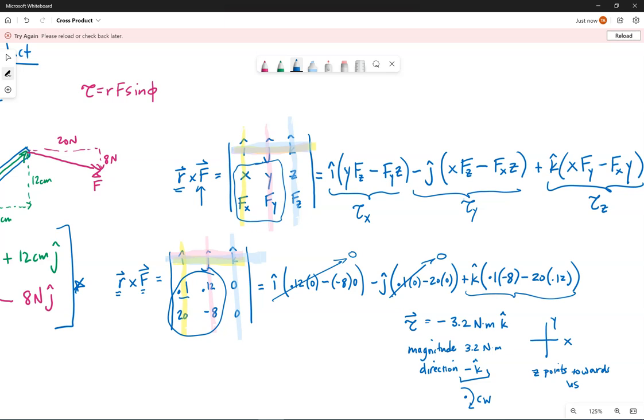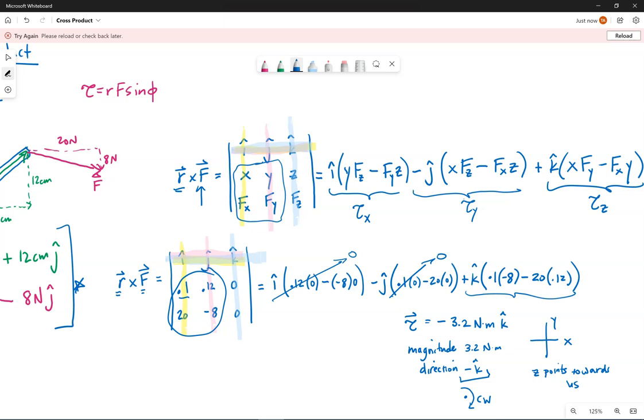So that's what it means to have a torque in the negative z direction: this wrench will rotate clockwise because of this force. So clockwise around that negative z axis.